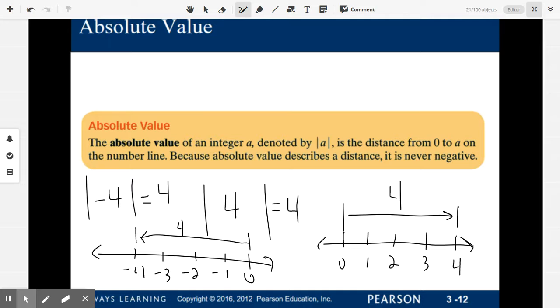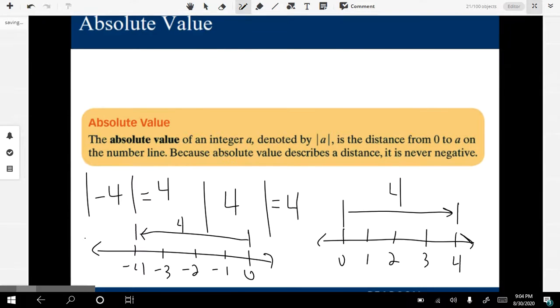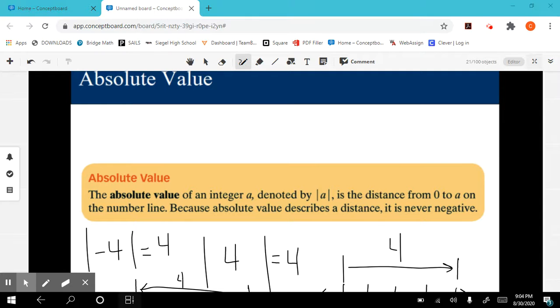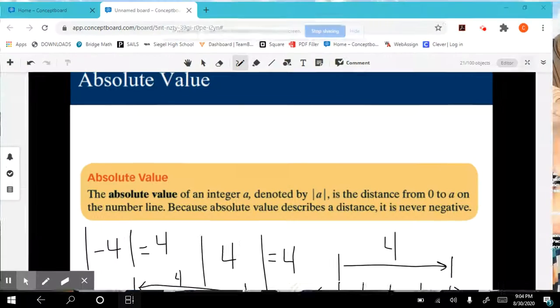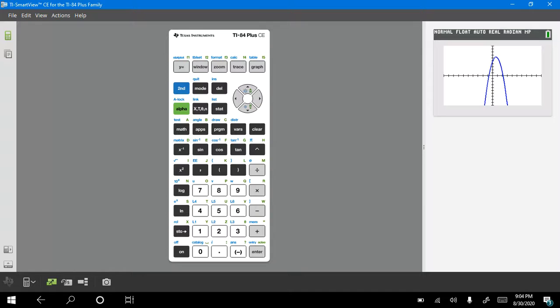All right. Let me show you on these calculators, these TI-84s. The other scientific calculators do not do absolute value, but these TI-84s do.